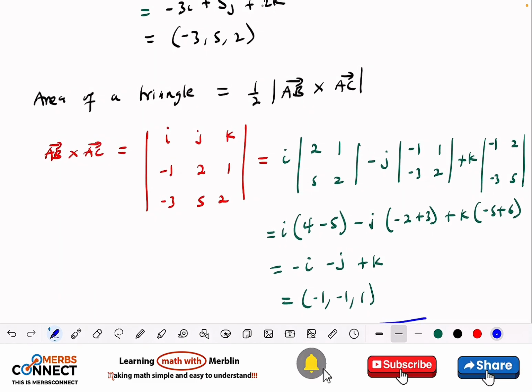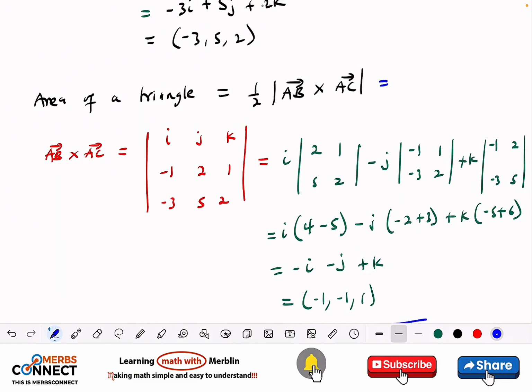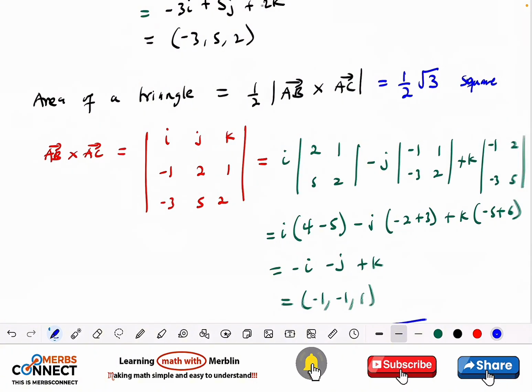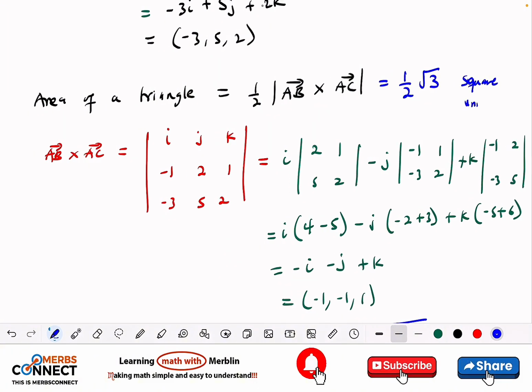So that's all. Let's put it here, and this is going to be 1/2 square root of 3, squared, because we are talking about area. Good. So it's very simple.